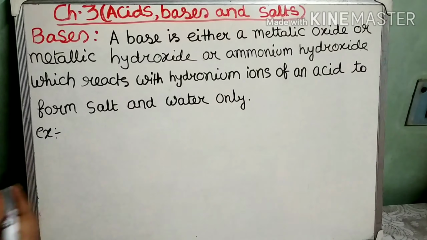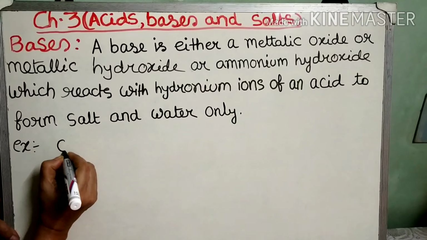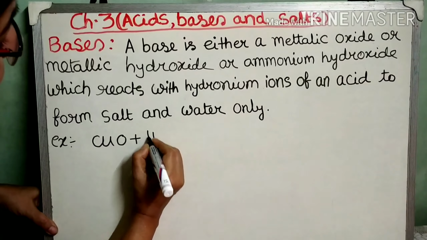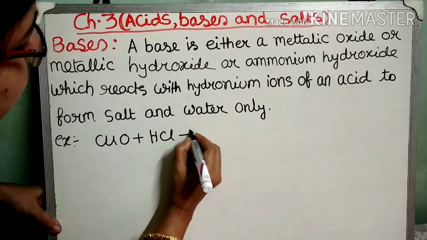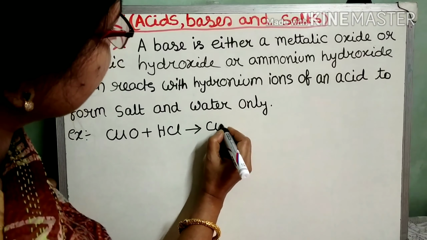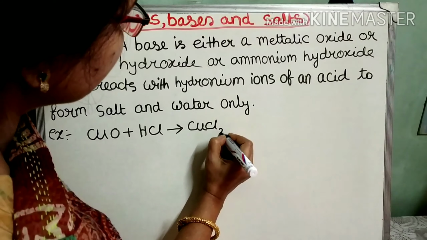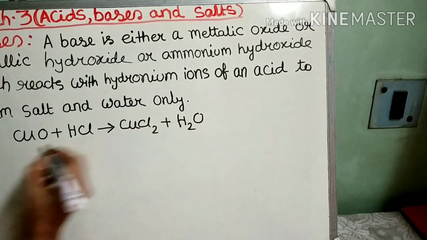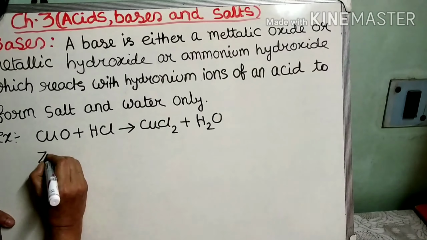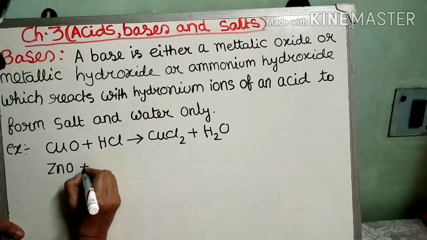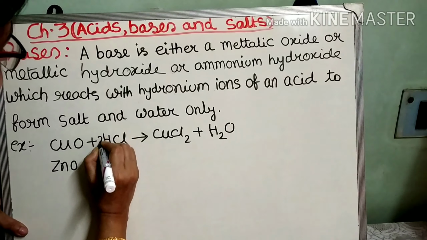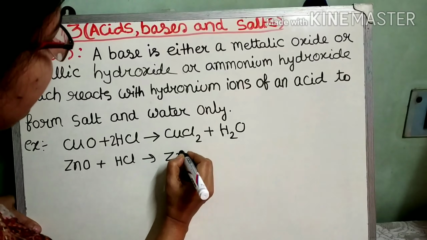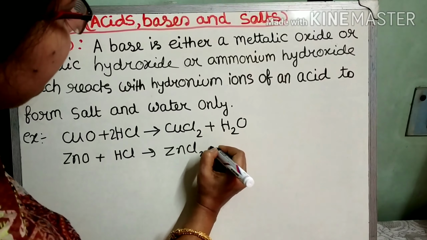For example, when copper oxide reacts with HCl, only salt, CuCl2, and water are formed. See another example: zinc oxide when reacted with HCl, then zinc chloride and water are formed.